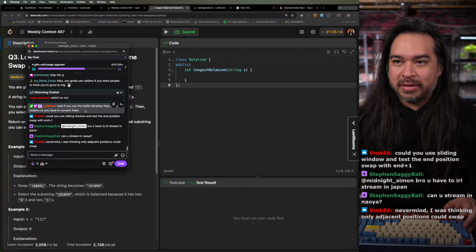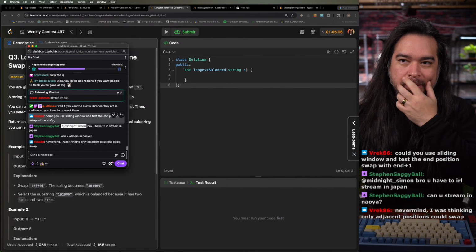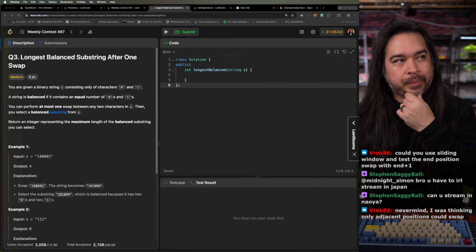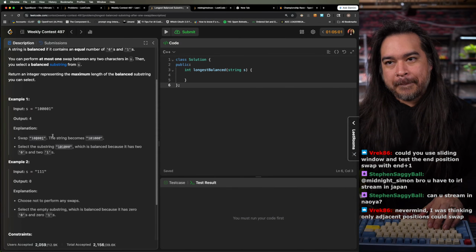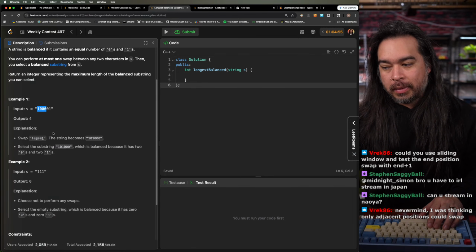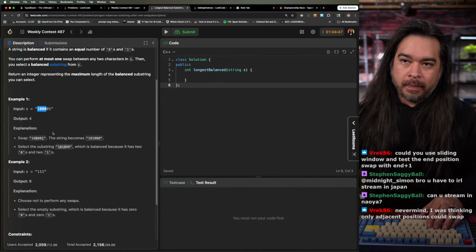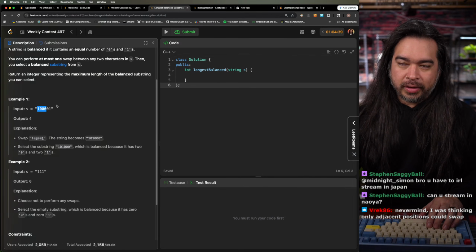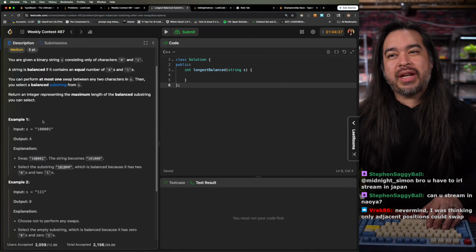Could you use sliding window and test the end position swap with n+1? Yeah, I mean, I'm still thinking of sliding window though. I don't know, man. Maybe I can think of binary searching the size.